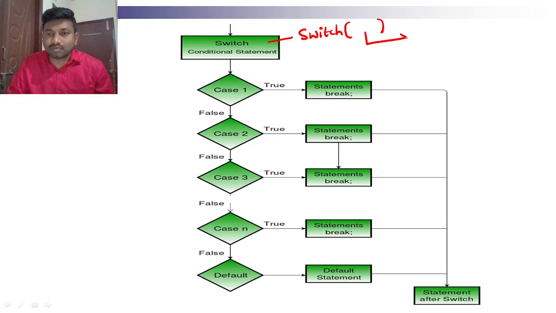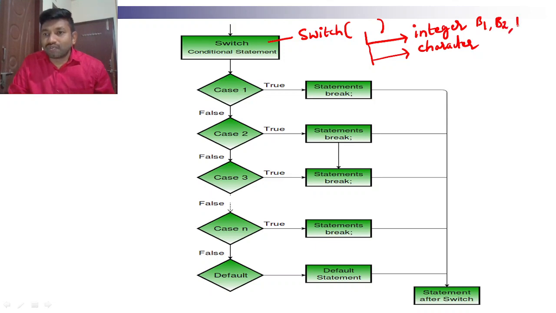This block number could be a normal integer, either block 1, block 2, and so on, or it could be a character. If it is an integer, for b1 block or b2 block, we give numbers: 1 means b1, 2 means b2.